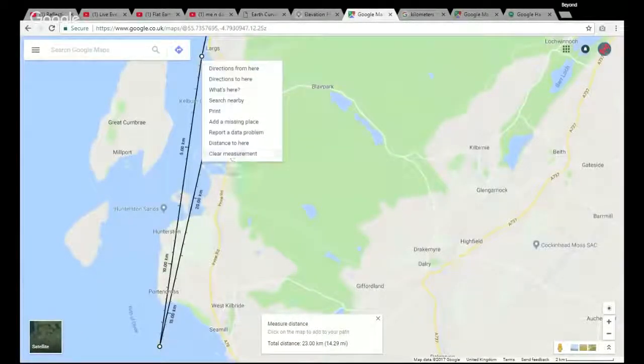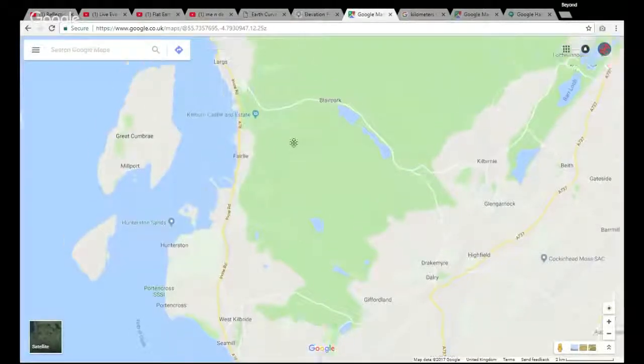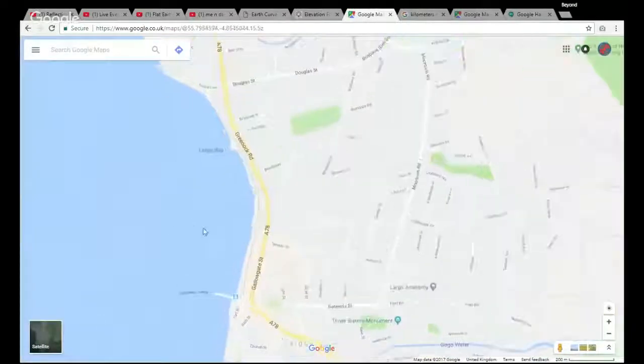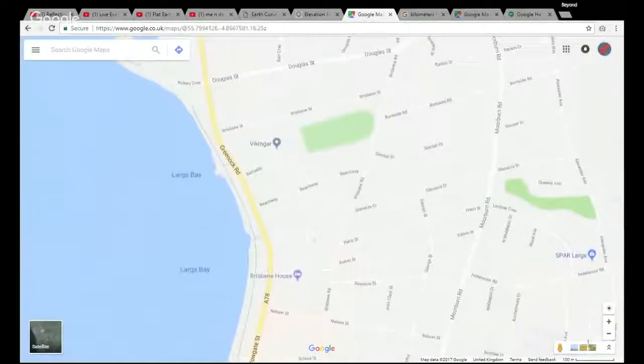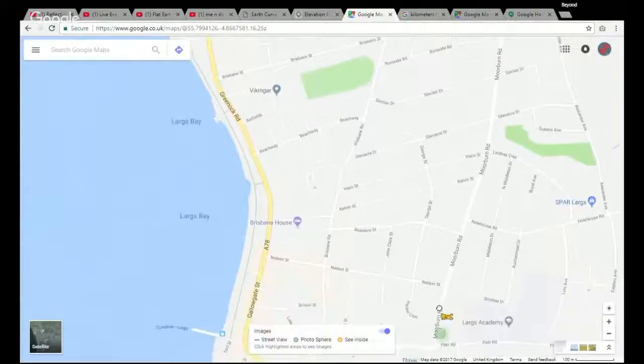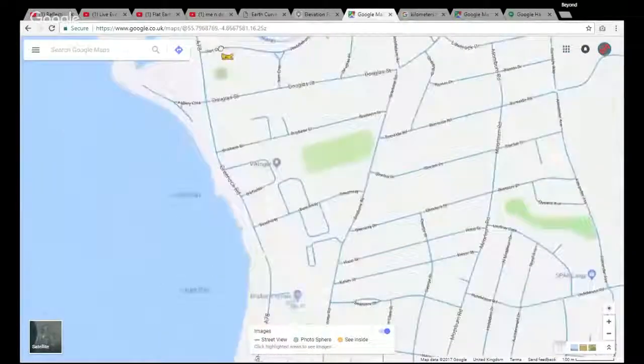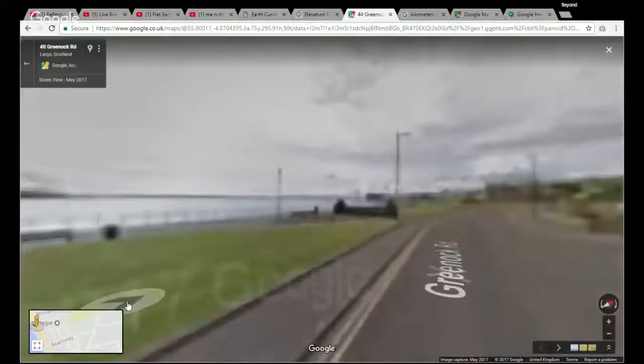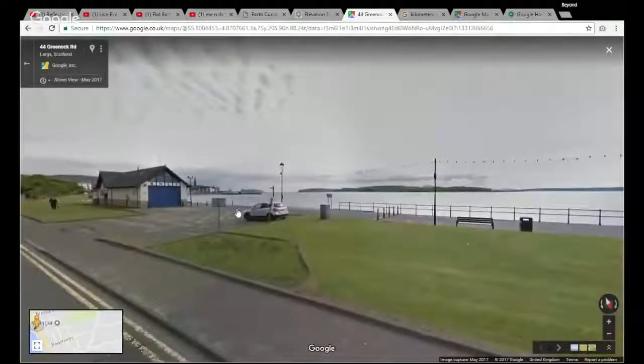So clean measurement. Okay, so the first destination, again, I know that people have heard this, but I'm having to go through it again. First destination is here, just at this point here.